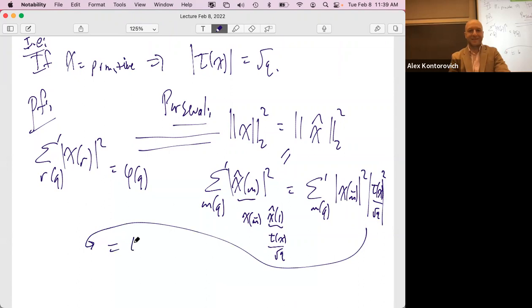This constant, tau of chi over root q squared, comes out, and I have a sum of something of absolute value 1, so that's phi of q. And these two things are equal.